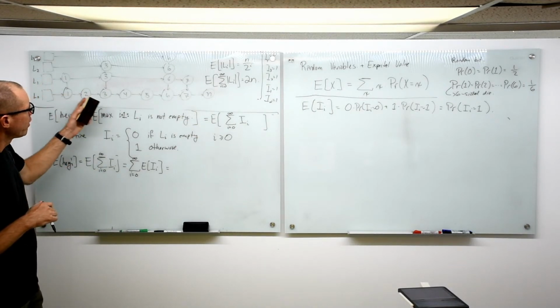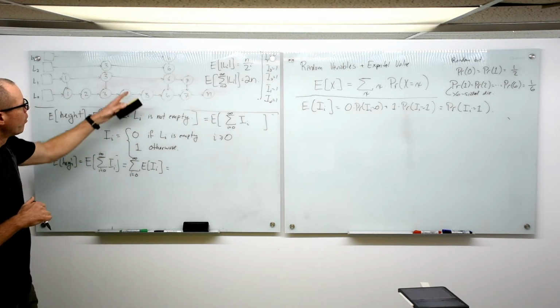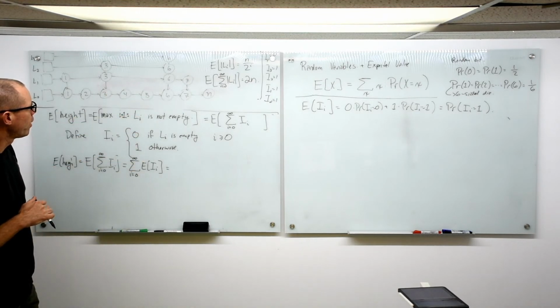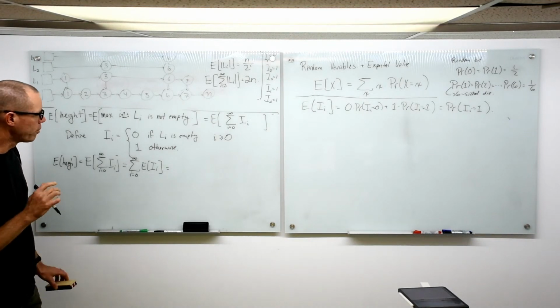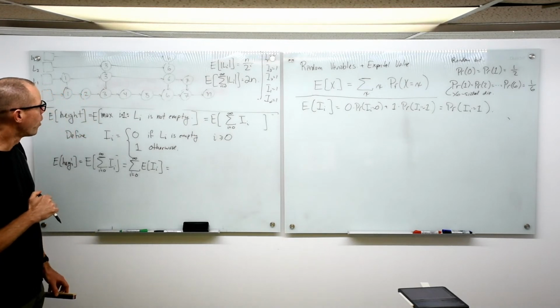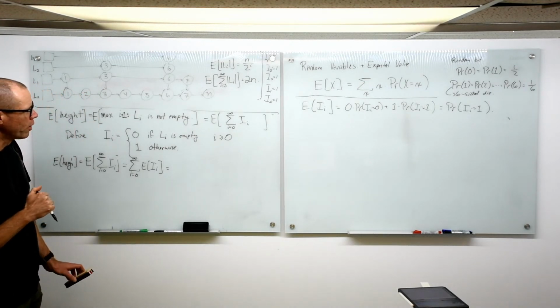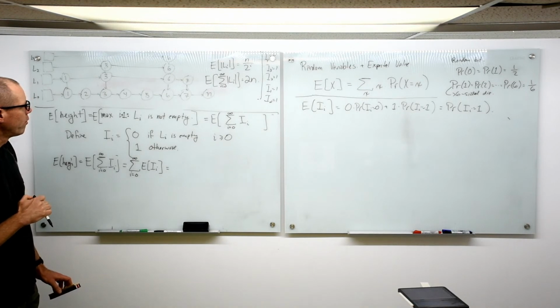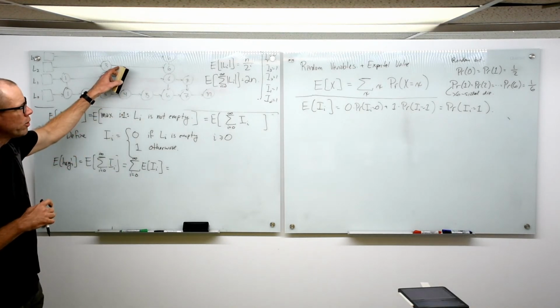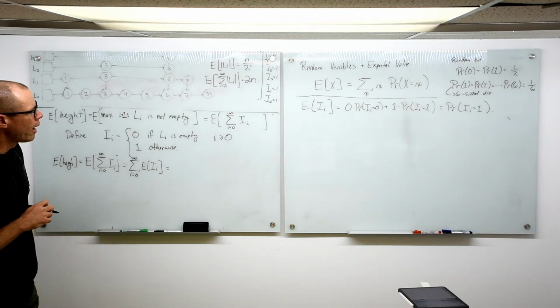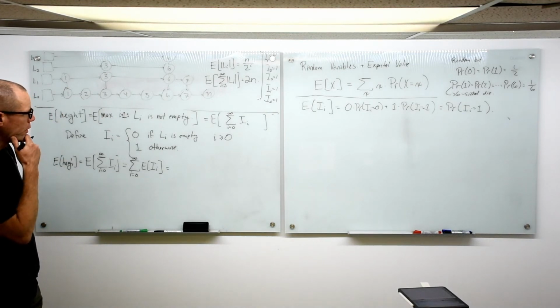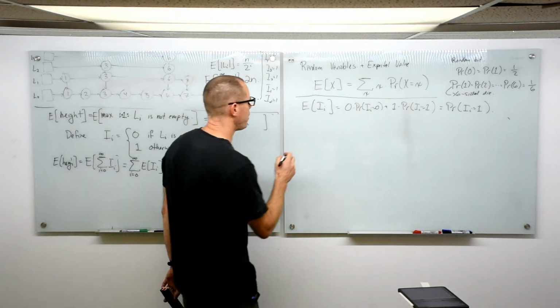Well, that one I could figure out, the probability that I_1 is equal to 1, but that already requires some sort of non-trivial use of a complement rule, and definitely I_2 I would struggle with. So let's instead think about some trivial things. Well, here's something that I know.